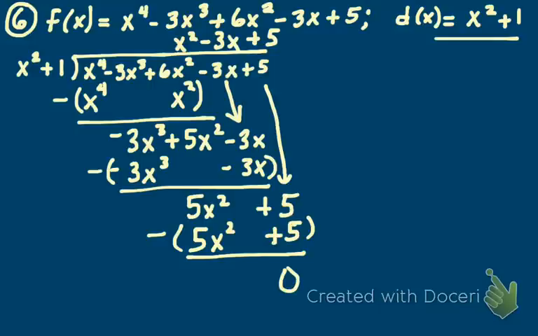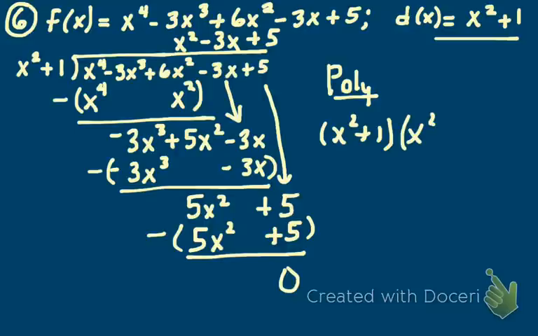So we'll write our answer both ways. The polynomial form would be the thing we were dividing by, which was x squared plus 1, times x squared minus 3x plus 5, close parentheses.